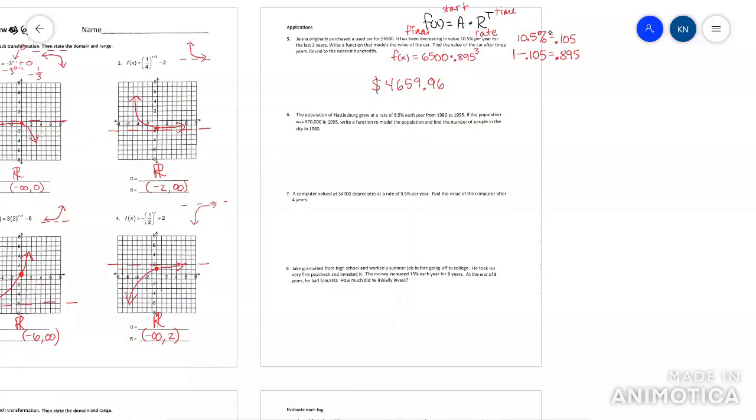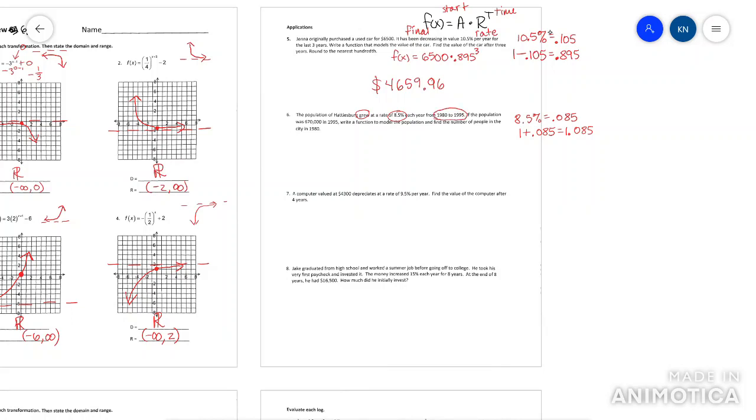All right, now number 6, we have the city that's growing at this rate. So 8.5% as a decimal is 0.085. Since we're growing, we're going to add that to 1 for the rate. So it's 1.085 is our R value. Now from 1980 to 95, they don't give you a specific time here.